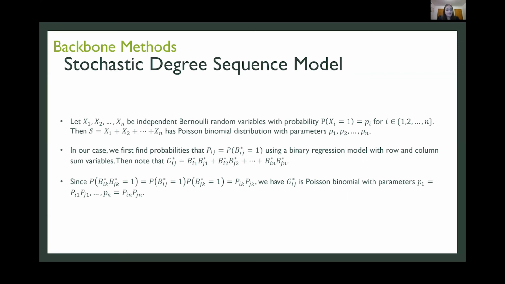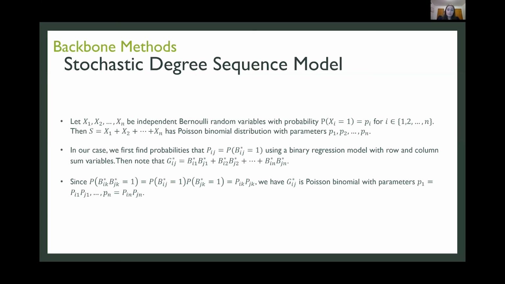In our case, we can find these p1 through pn's by first looking at the bipartite adjacency matrix. So we want to first assign a probability for the entry Bij to be 1. So that means the probability of person to event, person participating to event.